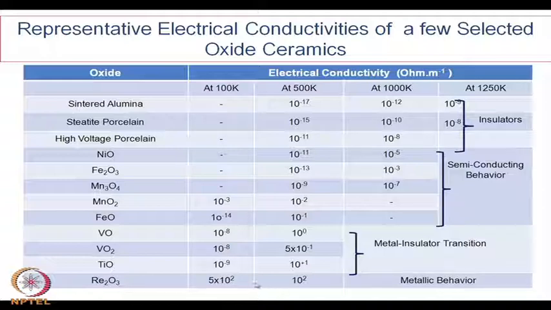If you look at the values here, you will find the conductivity slightly decreases when the temperature is increased. So, it is basically a metallic behavior kind of situation. So, among all the different kinds of ceramic oxides, we find different properties, and obviously they are related to their structure, their defect structure, and also the basic conduction mechanism which is valid for them.